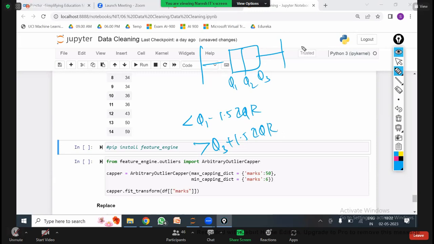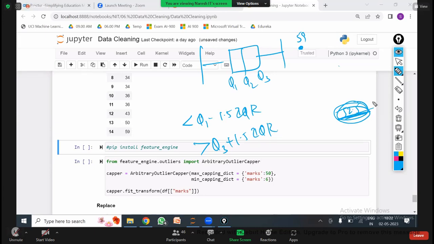On this side I have one outlier, which is 59. The Q3 plus 1.5 into IQR I have calculated as 52.5. This outlier I am going to replace with the maximum value, that is 52.5. That is replacing statistically.